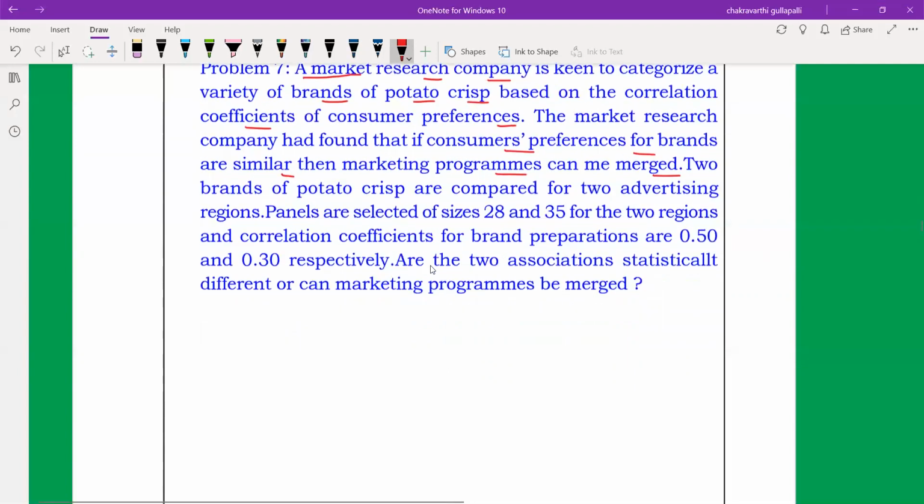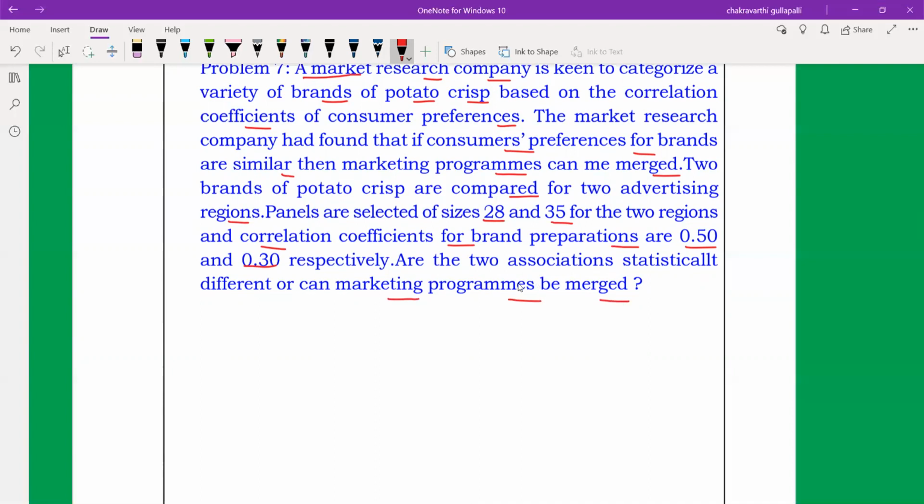That is very important. Two brands of potato crisps are compared for two advertising regions. Panels of size 28 and 35 are selected for the two regions, and correlation coefficients for the brand preferences are 0.50 and 0.30 respectively. Are the two associations significantly different, or can marketing programs be merged?